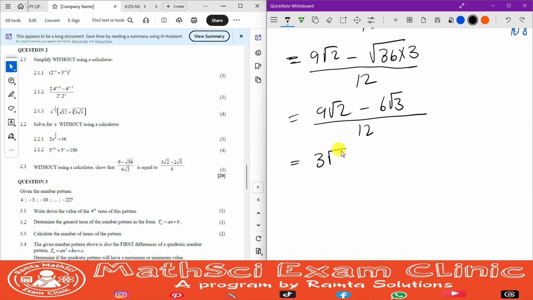This becomes 3 square root of 2. 3 goes twice into 6. This becomes 2 root 3. 3 goes 4 times into 12. This becomes 4. Now we have shown that 9 minus square root of 54 all over 6 root 2 can be written as 3 root 2 minus 2 root 3 all over 4.